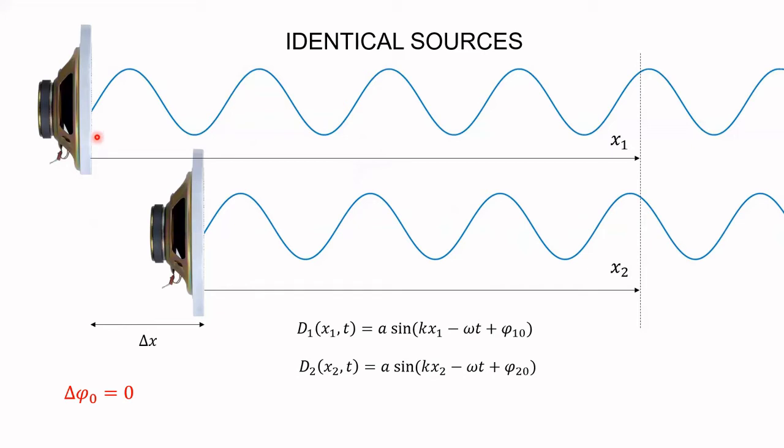So in time, the speakers are lining up. They're oscillating in phase in time, but that doesn't mean that their peaks line up in space. And the reason for that is because the two sources are in different positions. There's a path length difference between them. So you can have two oscillators synchronized in time and not be synchronized in space if there's a path length difference. It really depends on what the path length difference is.